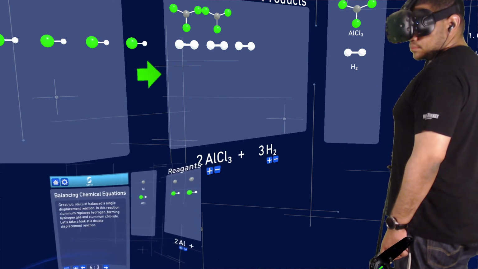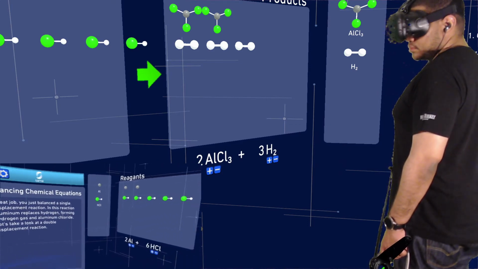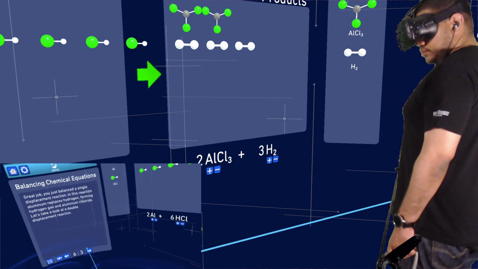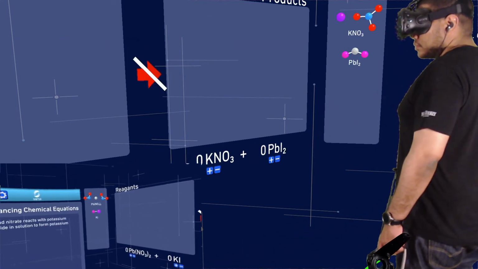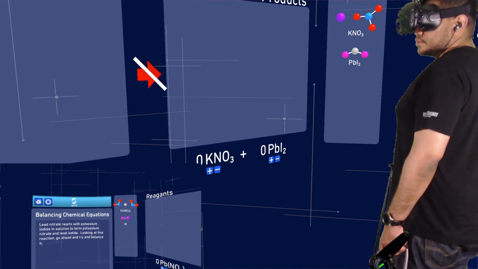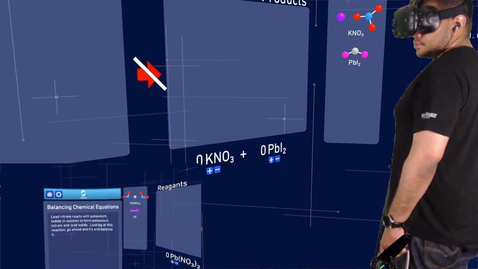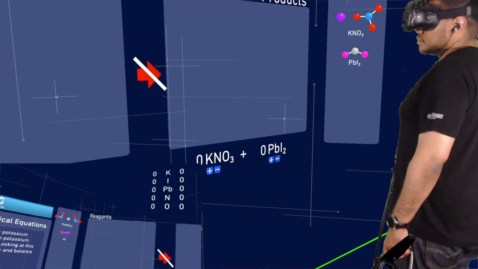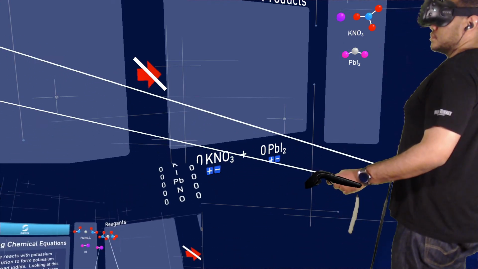Let's take a look at a double displacement reaction. Lead nitrate reacts with potassium iodide in solution to form potassium nitrate and lead iodide. Looking at this reaction, go ahead and try and balance it.